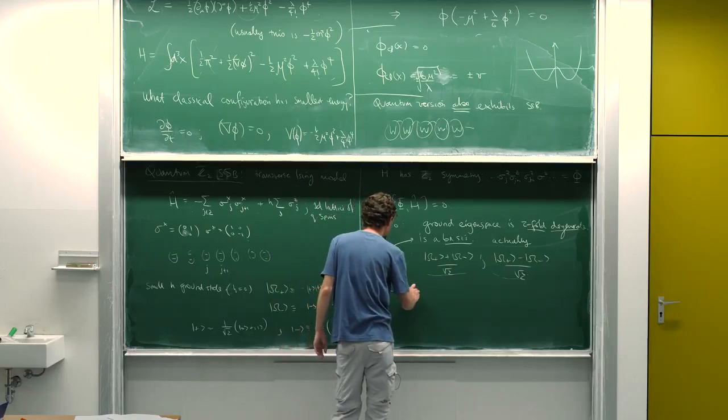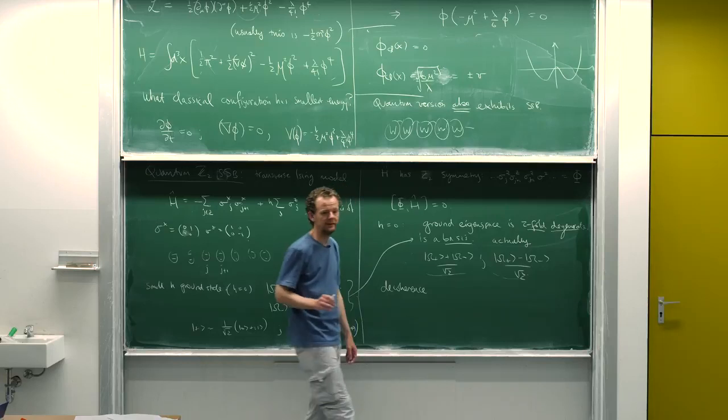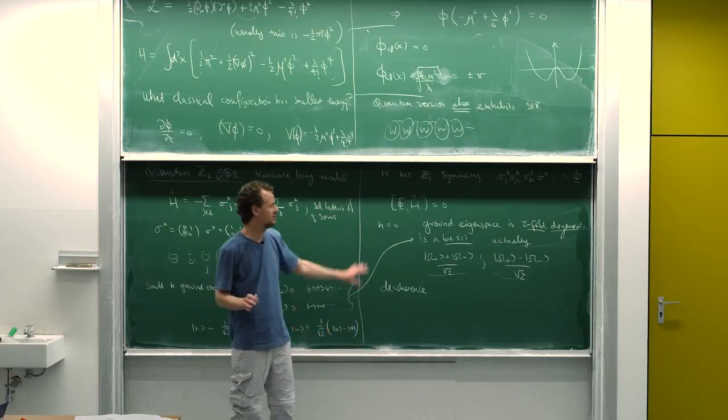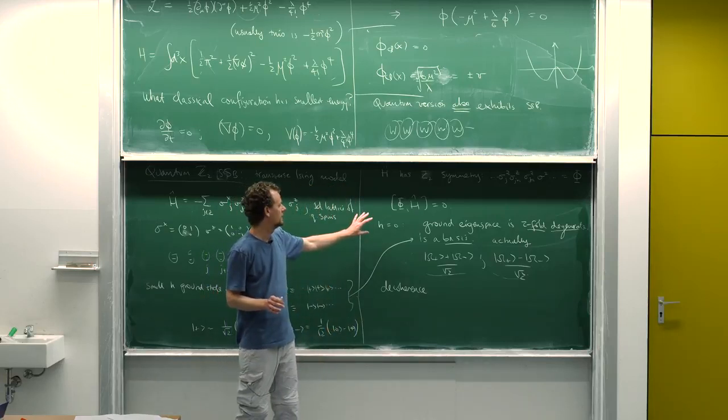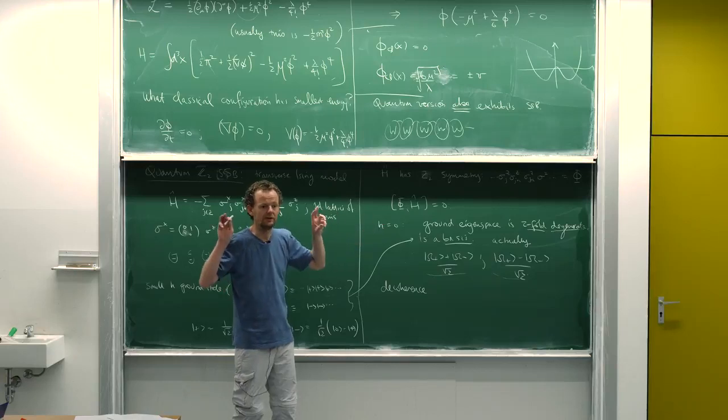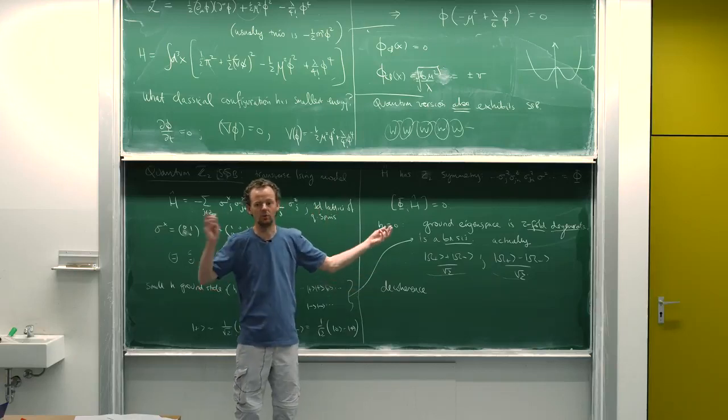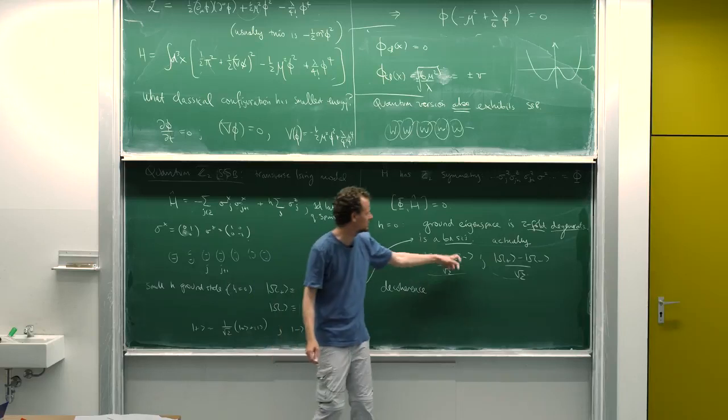And this is a key point which explains why, even though the system doesn't actually exhibit symmetry breaking in the sense that it chooses one state or the other, it can choose any superposition as a ground state.